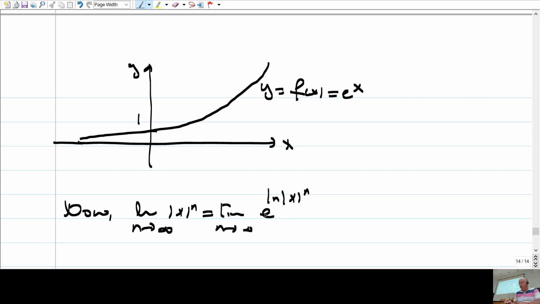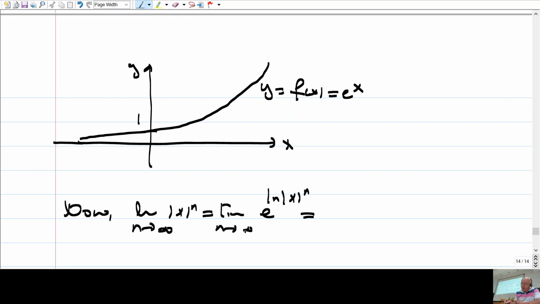Why is this true? Because exponential and logarithm functions are inverse of each other. If you have a positive number, if you take its logarithm, and then if you take the exponential of the logarithm, you will get back to the number you started with. Therefore, the logarithm of x to the power n in the exponent of e is just x to the power n.